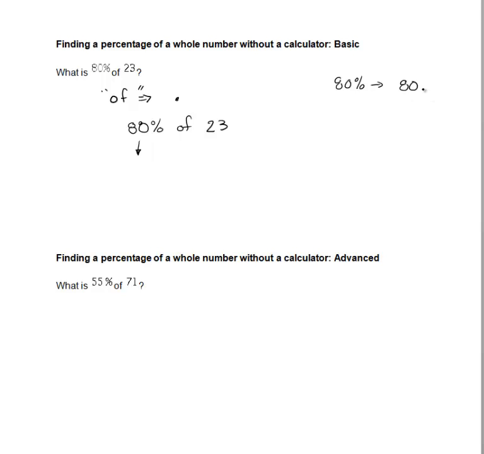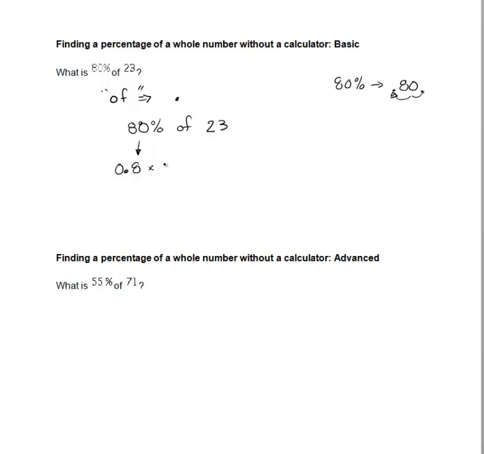My decimal is originally at the end. Since I have no decimal here, it's at the end, and I move it back 2 places. So my decimal goes there, and that becomes 0.8. Now I always like to put a 0 in front of it just to clarify.